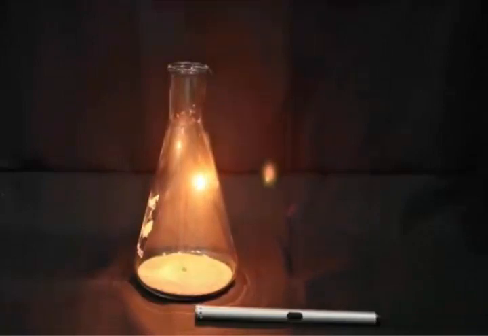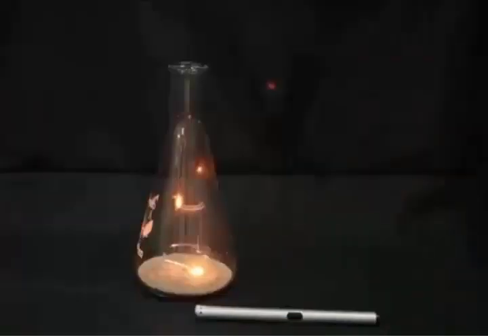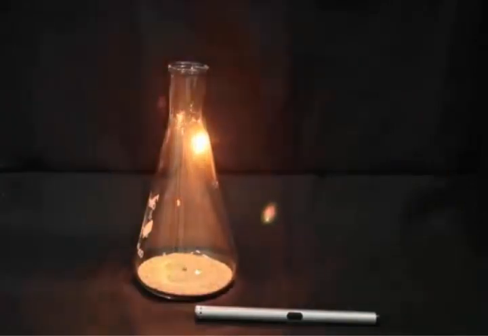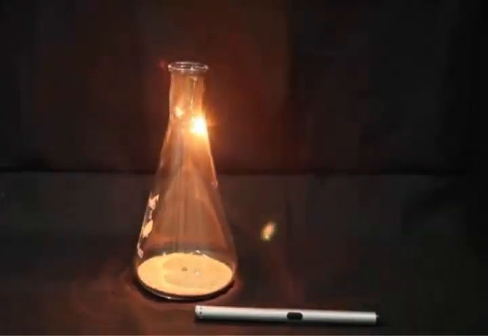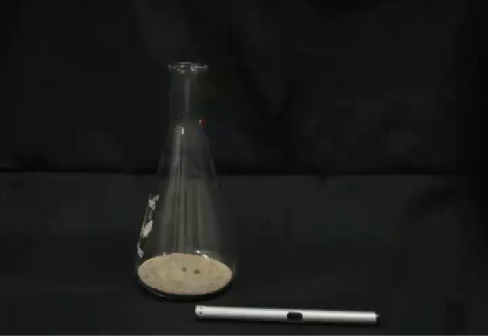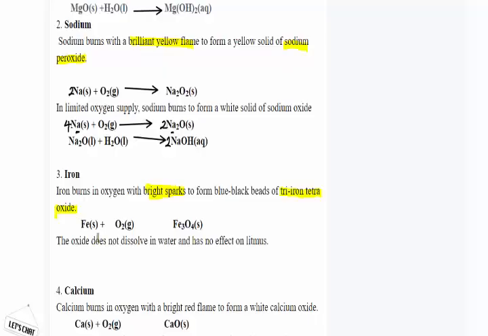Iron reacts with oxygen with very bright sparks to form various iron oxides, that is iron 2 and iron 3 oxides, depending on the nature or conditions of the reaction. In this case, tri-iron tetraoxide is formed. Notice that tri-iron tetraoxide is a combination of iron 2 and iron 3 oxide. Let's look at the equation of the reaction.